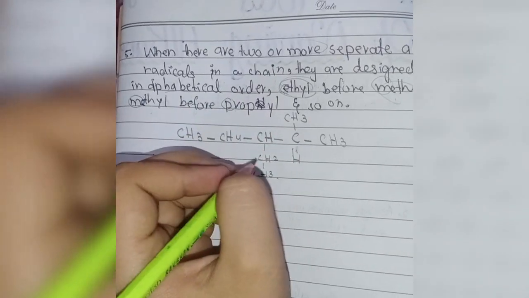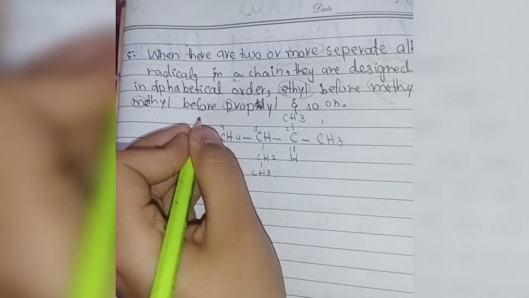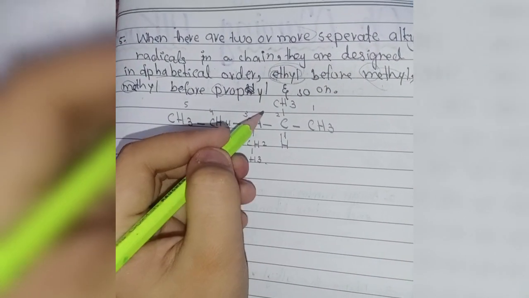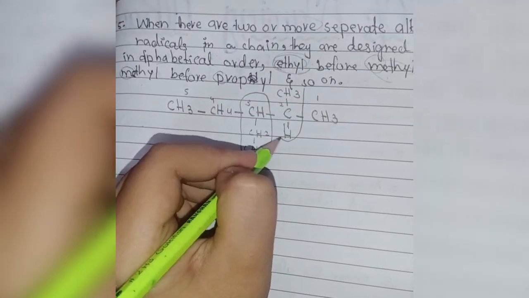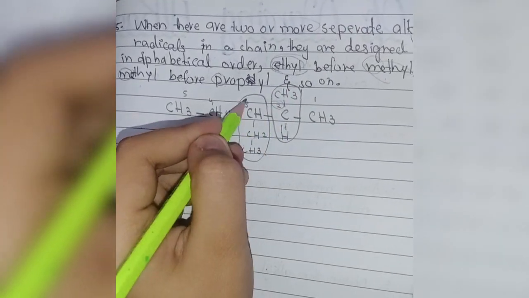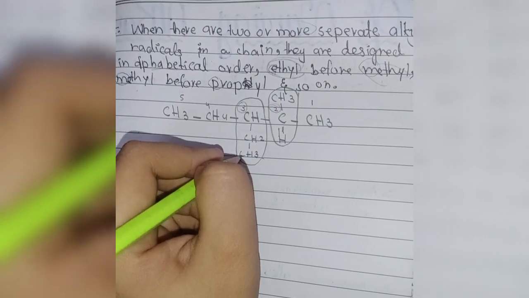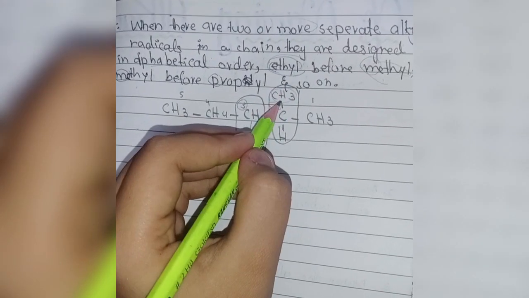So let me give here numbering 1, 2, 3, 4, 5. Now here what we have, this is the third one, the separate alkyl radical, and this is the second one. Here the numbering represents it. We have this one ethyl, the CH3 and CH2, and here we have CH3 only.